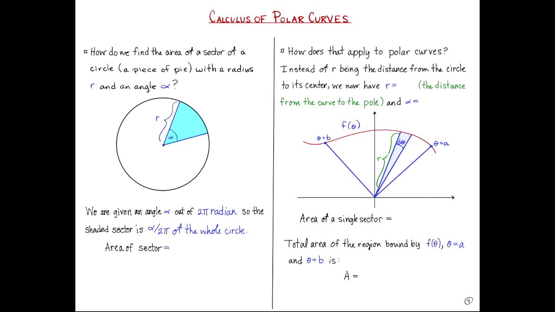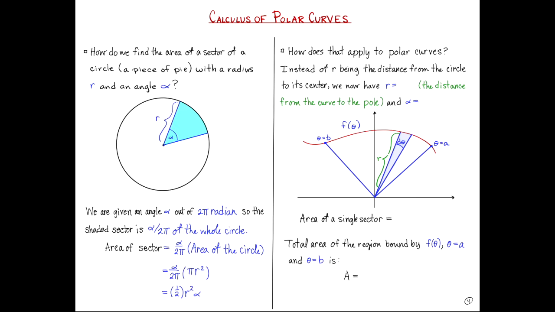The area of a sector is going to equal this portion of the circle, alpha over 2 pi, times the entire area of the circle. Subbing in for the area of a circle gives us alpha over 2 pi times pi r squared. The pi's cancel out, leaving us with 1/2 r squared alpha.